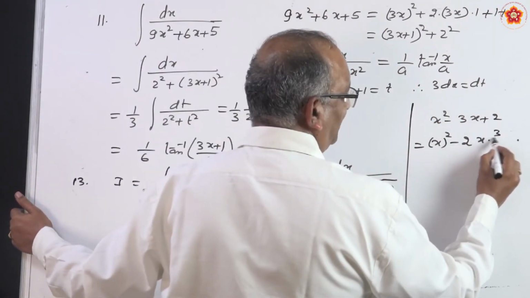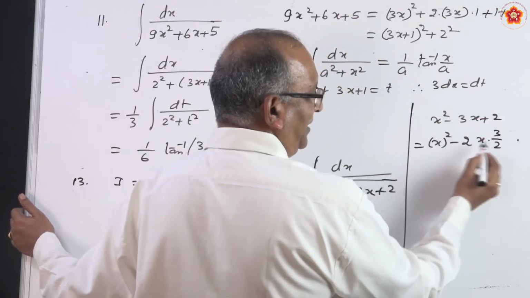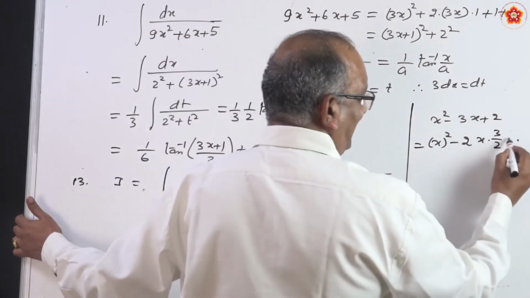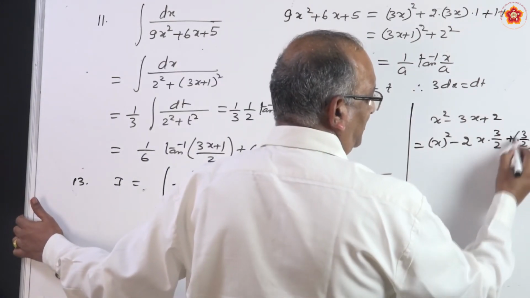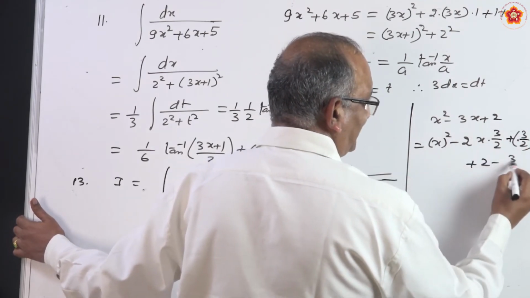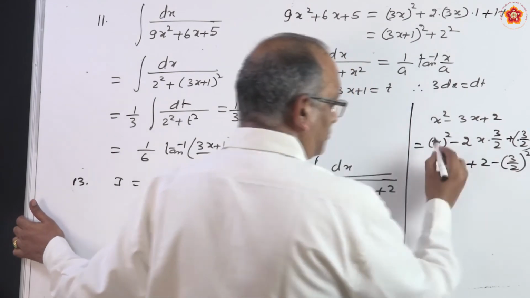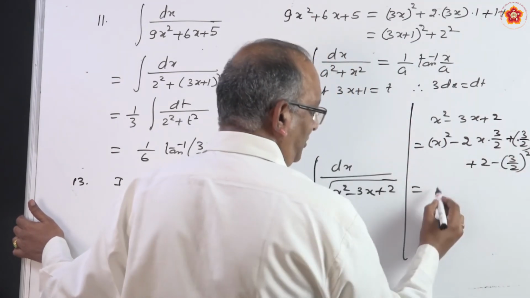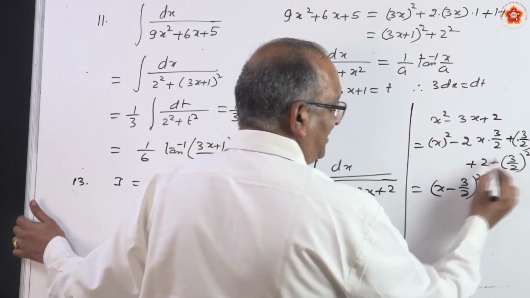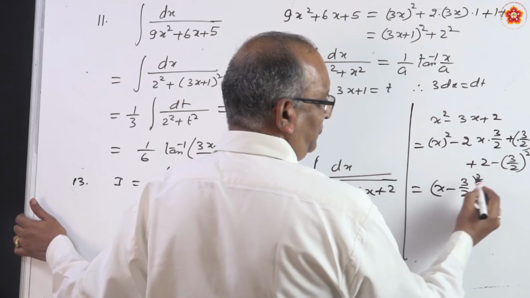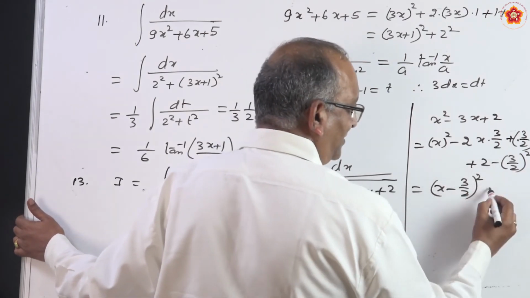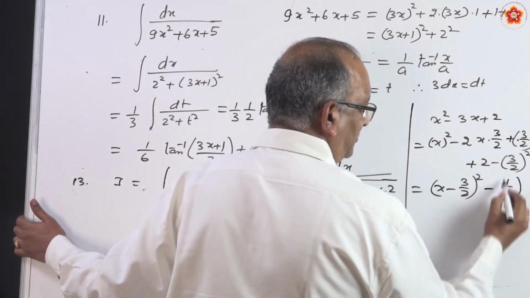We know that it should be 3 by 2, since when we multiply, the 2 and 2 cancel and you are left with 3x. It clearly indicates that b is 3 by 2. Since you are adding this, you also have to subtract, so it is 2 minus 3 by 2 square. So this whole thing can be written as x minus 3 by 2 square. Club these two: this is 2 minus 9 by 4. 9 by 4, if you take LCM, will become 8 minus 9 over 4, which is minus 1 by 4, or it can be written as 1 by 2 square.